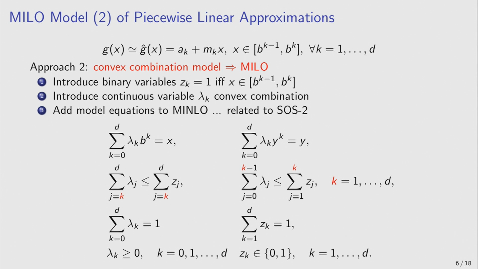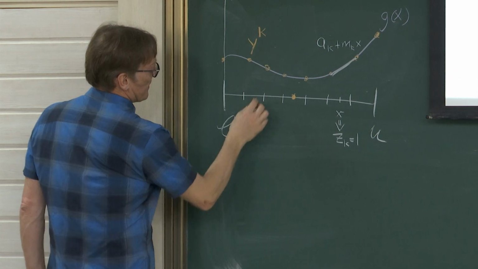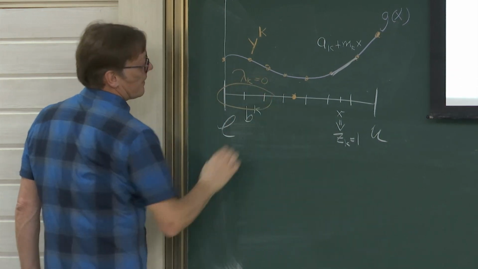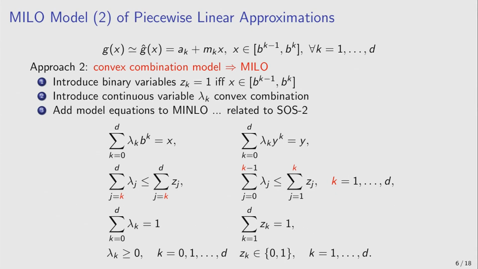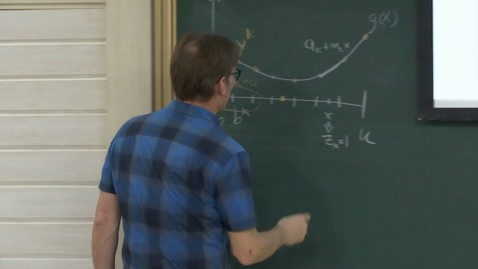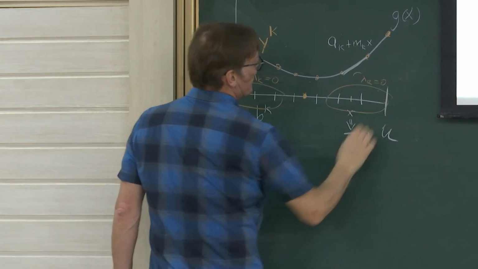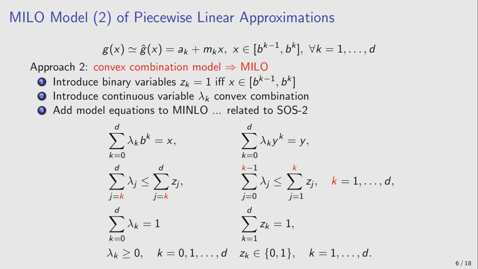What these constraints do is they ensure that if I'm in this interval, then all these lambda k's will be 0. That's this constraint here. And all the lambda k's that are here will be 0. That's this first constraint here.